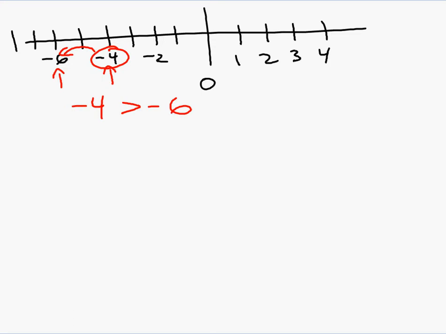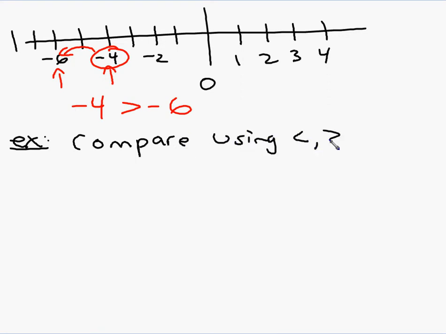So you basically have to understand which number is farther to the right. So if they ask you in homework to compare, I think maybe they say copy and complete, using less than or greater than. We're not going to do equal to. Copy and complete using less than or greater than. Let's say they give you negative 8 with a space compared to negative 5.